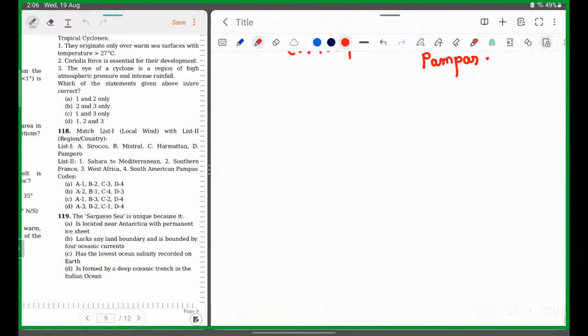Coming to question number 119, Sargasso Sea. Sargasso Sea is unique because it is, first option given, located near Antarctica with permanent ice. This is not the reason. Lacks any land boundary and is bounded by four ocean currents. Correct. This is the reason.